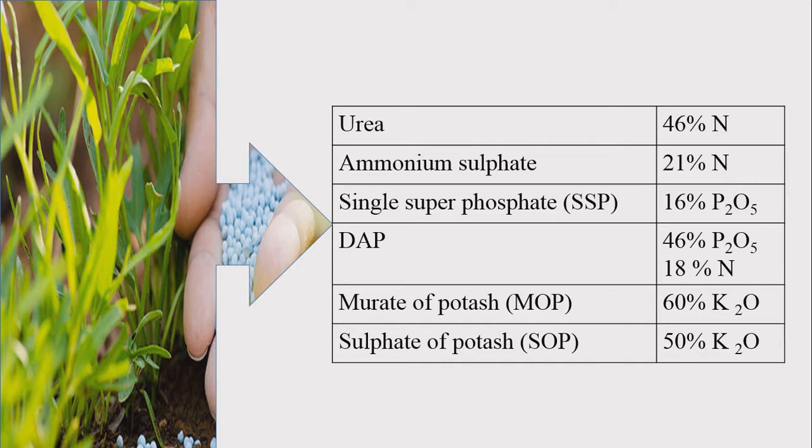It means that it contains more than one major plant nutrient: 46% P2O5 and 18% nitrogen. Next is MOP, muriate of potash, which contains 60% K2O, and SOP, sulfate of potash, which contains 50% K2O. These two are also straight fertilizers.